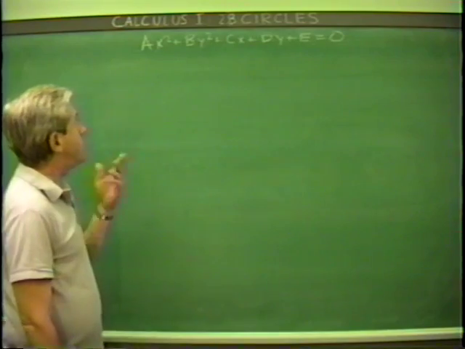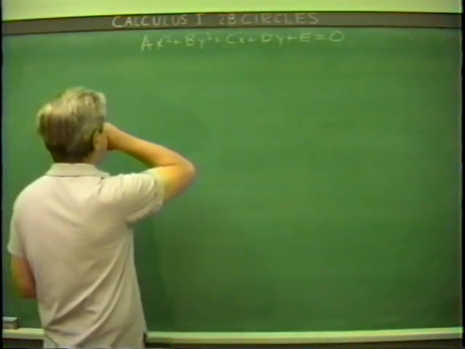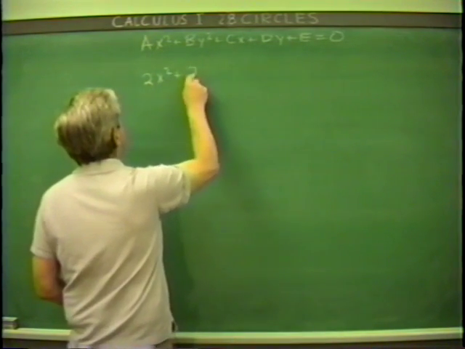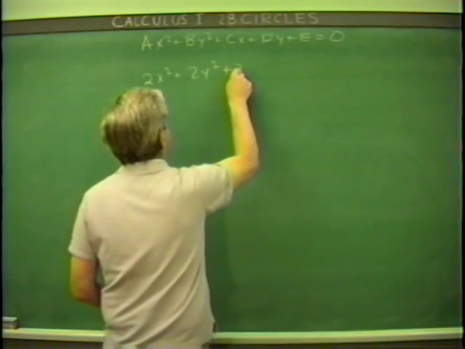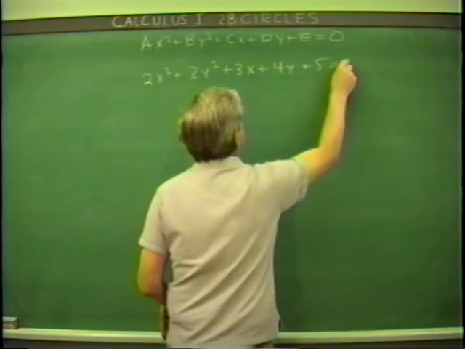It's perhaps easiest to see this by looking at a particular example. Suppose we consider 2x squared plus 2y squared plus 3x plus 4y plus 5 equals 0.